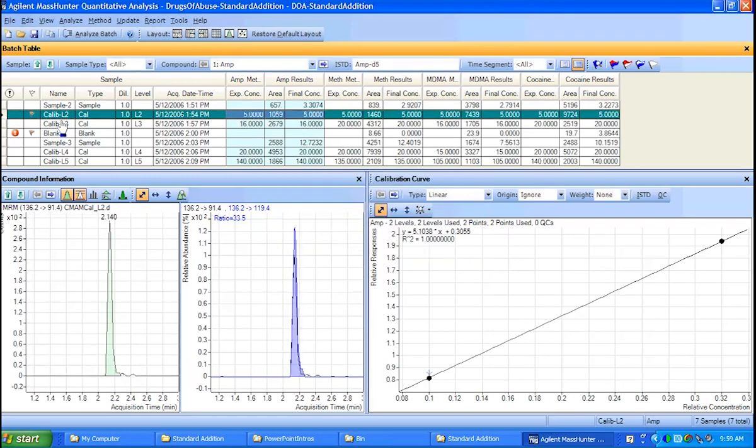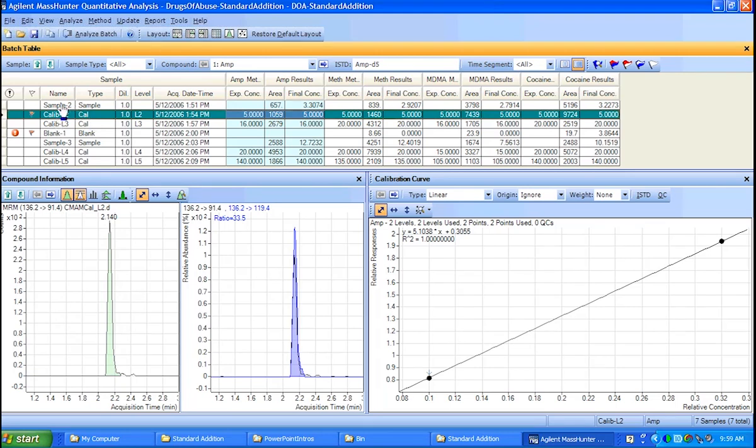The assumption that we're going to make in Standard Addition is that a sample followed by calibration samples means the next calibration samples are spikes, and the level concentrations associated with those calibration samples define the spike amount.